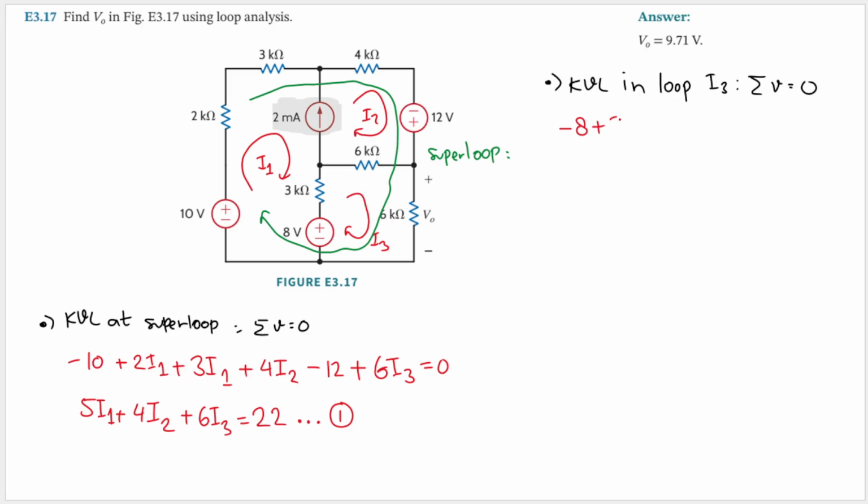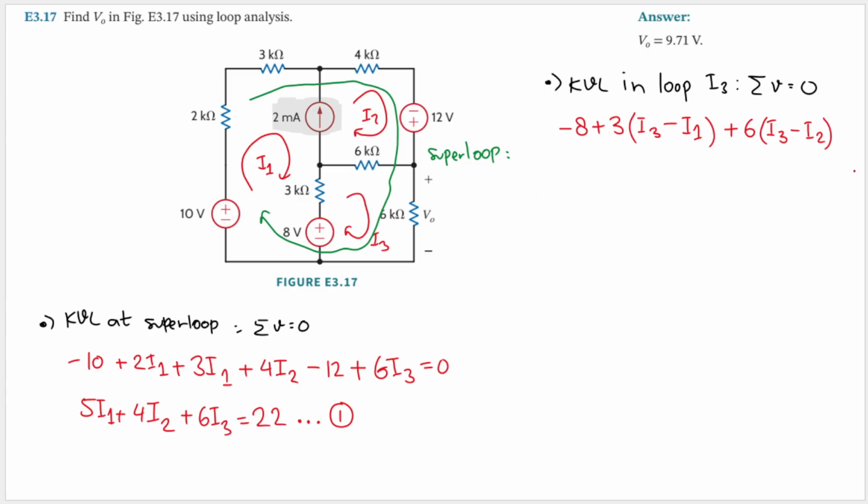Then we will have plus 3 multiplied by (I3 minus I1). Then another one, which is 6 multiplied by (I3 minus I2).